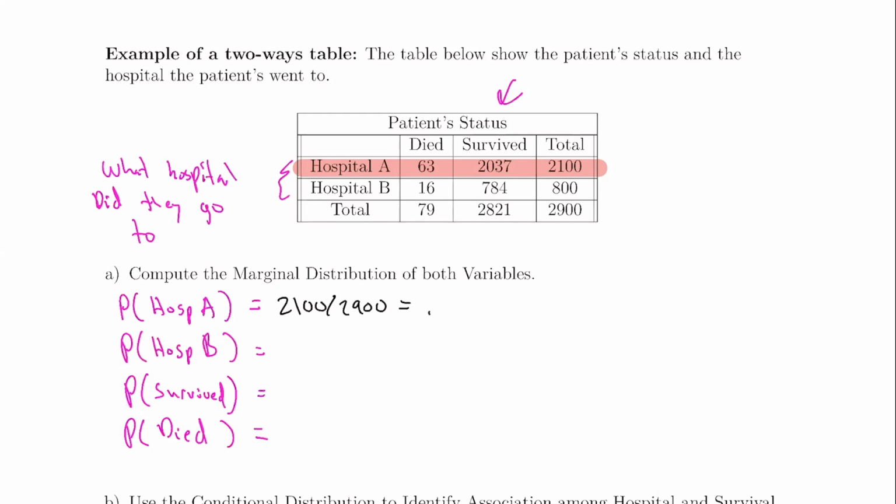You get 0.7241. So we roughly get 72%. So 72% of people went to hospital A. All right, let's find hospital B. How many total people went to hospital B? 800, good. Same thing out of 2,900. So if I do 800 divided by 2,900, what should I get?